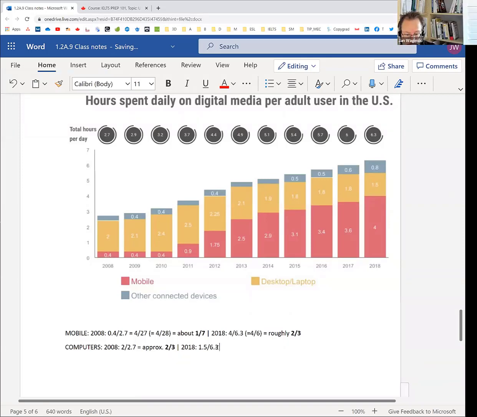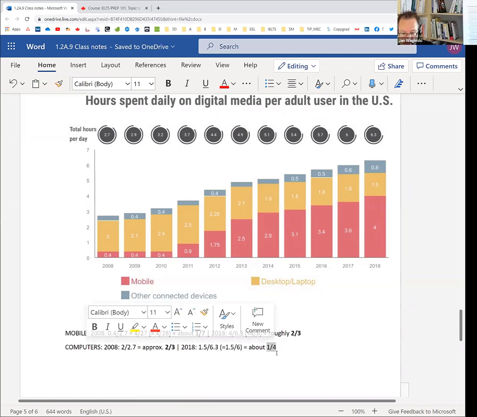Okay, so let's call this a quarter. 1.5 over 6, that's an easy calculation. About a quarter, about 1/4. Okay, so it dropped from 2/3 to about 1/4.